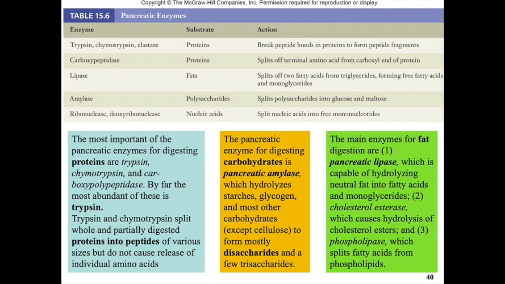For lipids, we have the lipase and other enzymes, for example cholesterol esterase and phospholipase. So the triglycerides are transformed into fatty acids and glycerol. So it's again a good time for you to review lecture 1 as far as the molecular biology, as far as the nutrients.